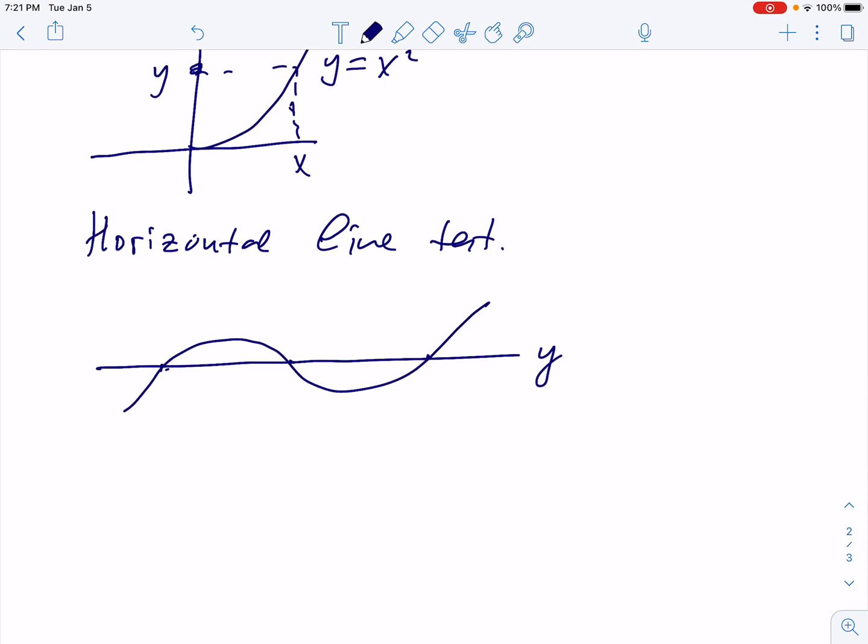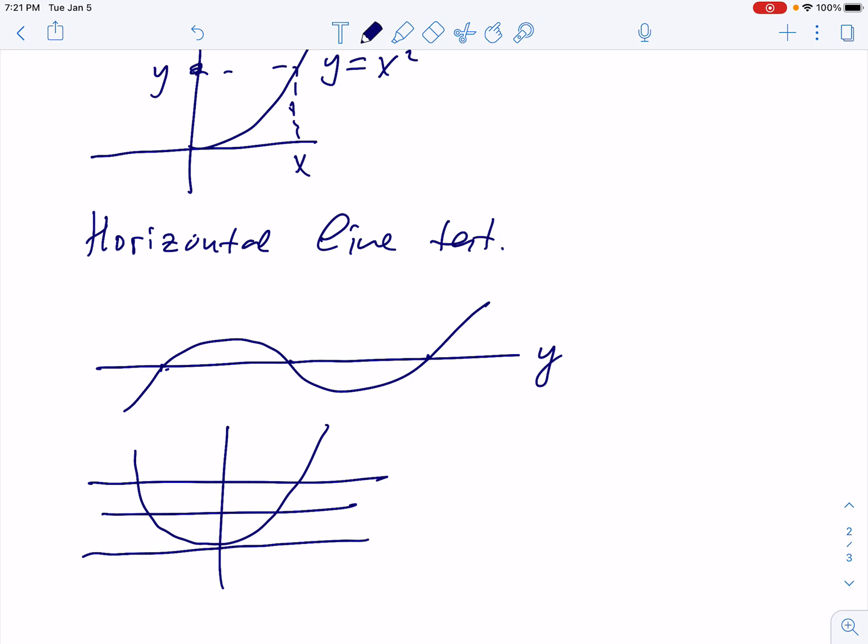And our original example with the parabola, this parabola here, does not satisfy the horizontal line test, because you see, you can take horizontal lines, they cut twice here.